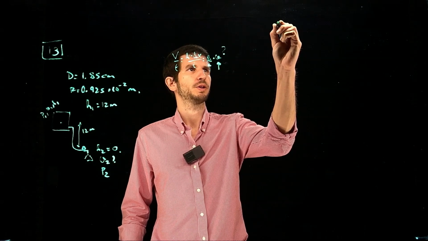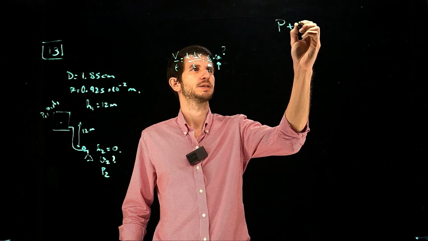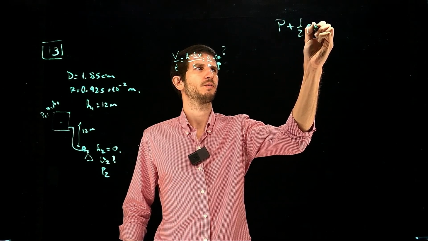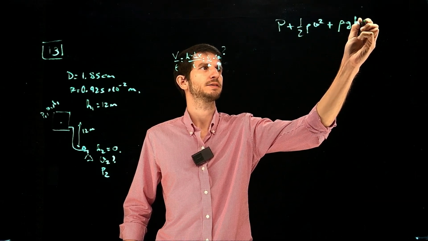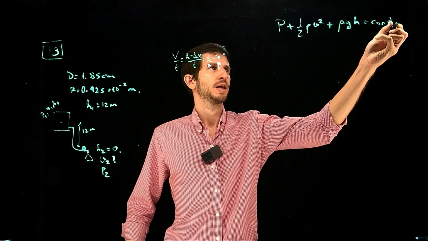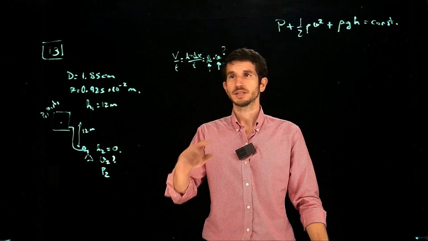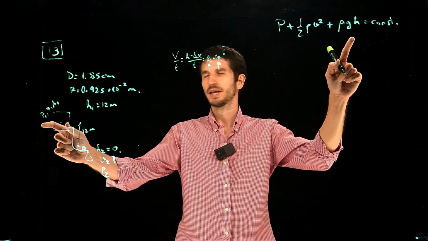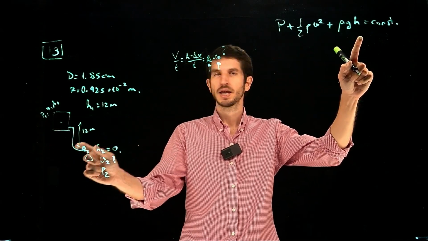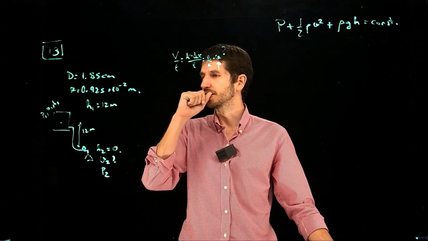Again, Bernoulli's theorem. It's pressure plus 1/2 rho v squared plus rho g height needs to be constant, and that is Bernoulli's theorem. Let's start applying numbers. The situation at the beginning needs to be the same as the situation at the end.